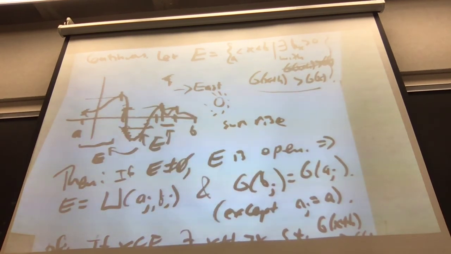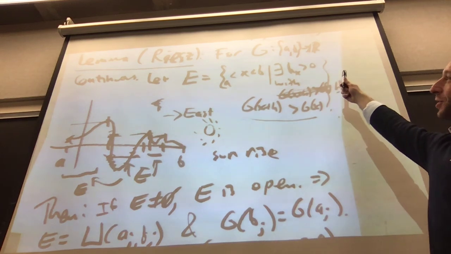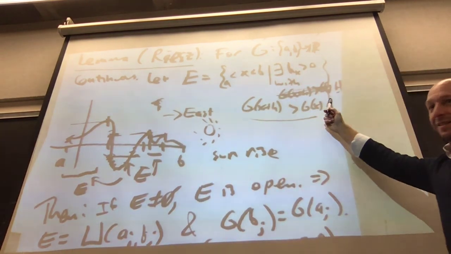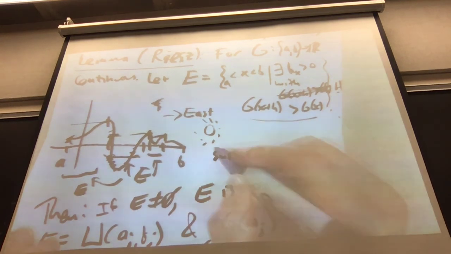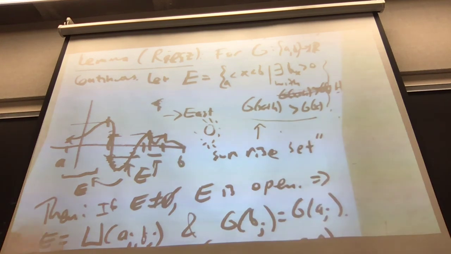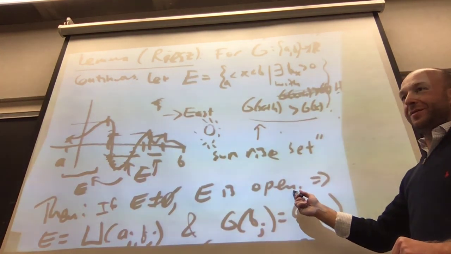Okay. And what was the claim we were trying to prove? Like what was the theorem? Here's the lemma. If G is a continuous function from A to B, you let E be this sunrise set. Then this set is open.